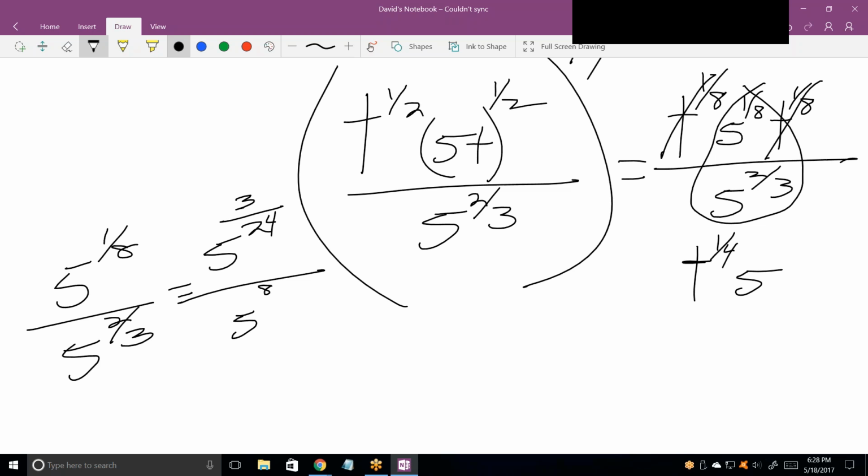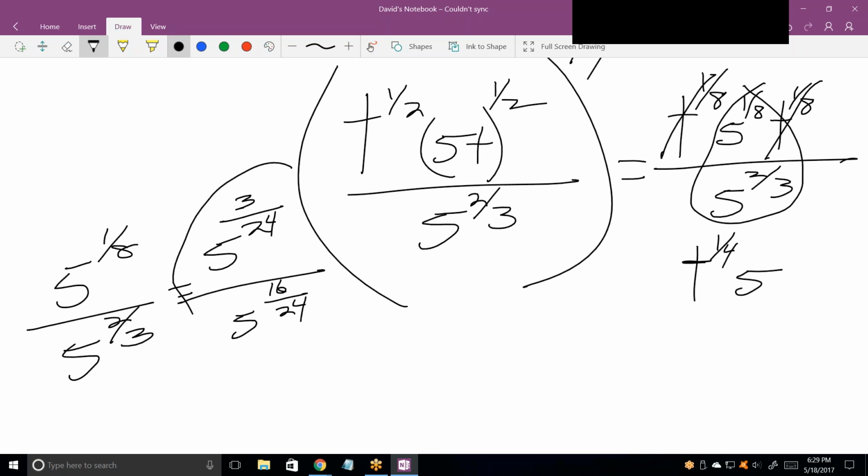Even if it were not the least, it would still work. It's just the least common denominator ends up making your math a little easier. But a common denominator, even if it's not the least, still works.